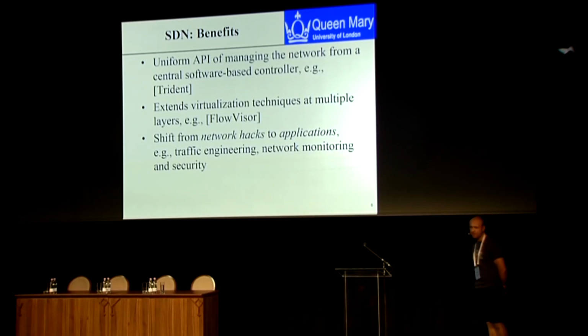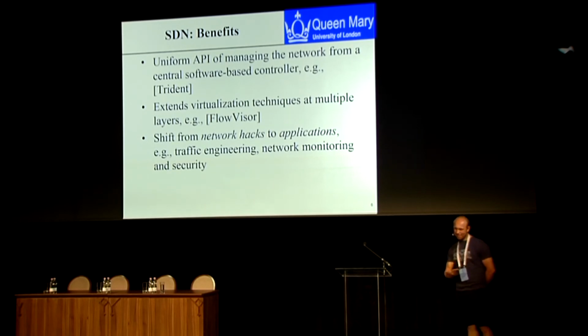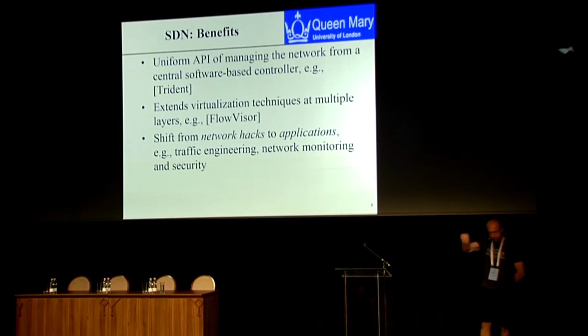So the FlowVisor paper from OSDI 2010 was basically introducing such a piece of software that lies underneath the controller that manages to some extent the different slices that do different things on the network.